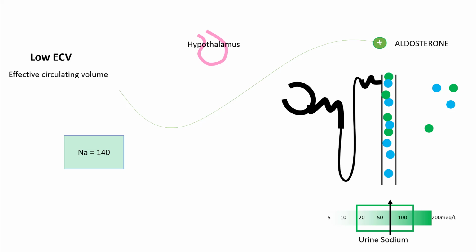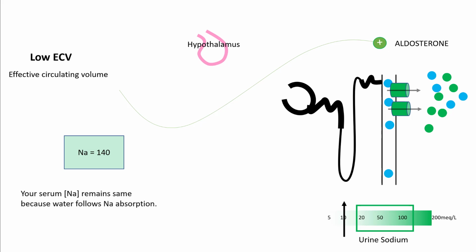This will result in formation of sodium channels in the DCT and absorption of salt followed by water. So your urine sodium levels will be very low. Your serum sodium will not be affected by aldosterone because water will follow the salt.